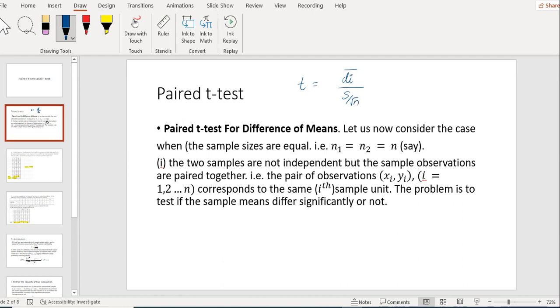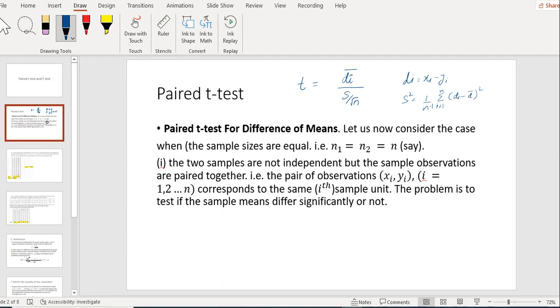Where di is equal to xi minus yi, and capital S square is the deviation variance, that is 1 upon n summation i varies from 1 to n of (di minus d bar) square.